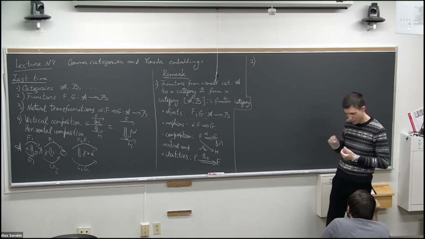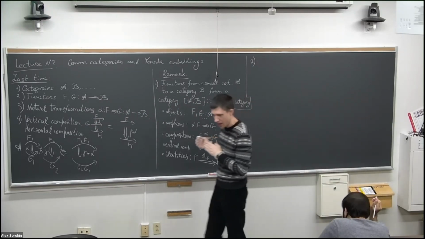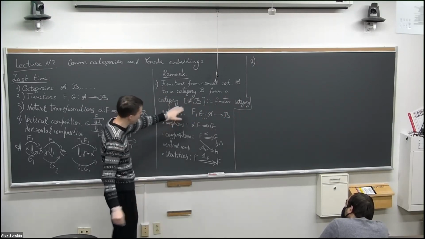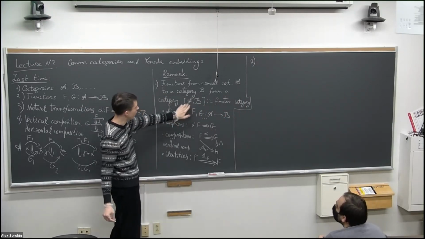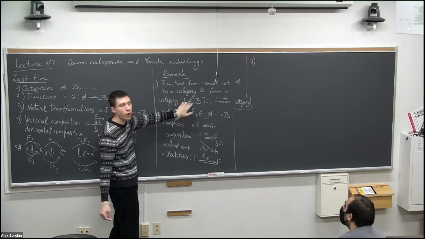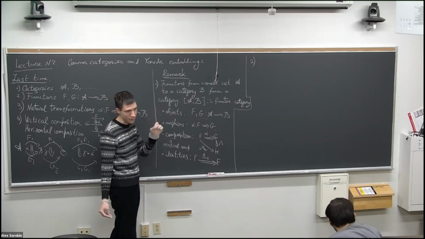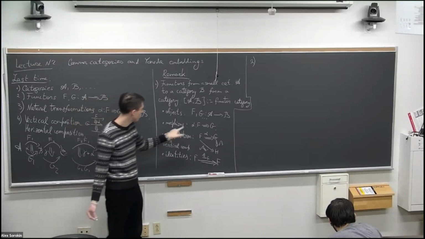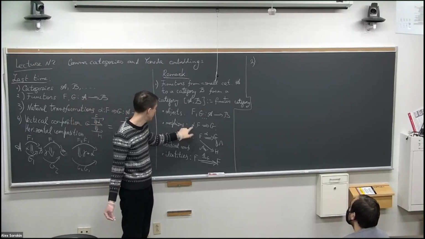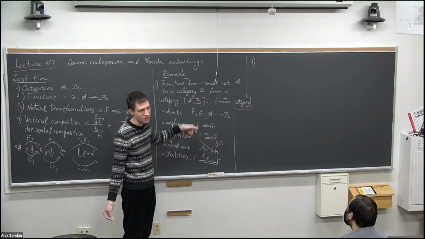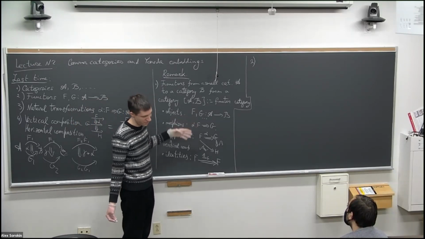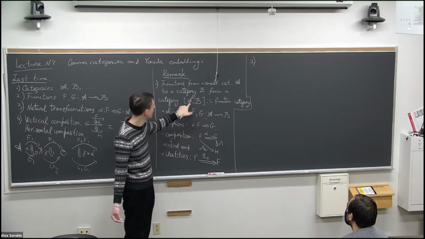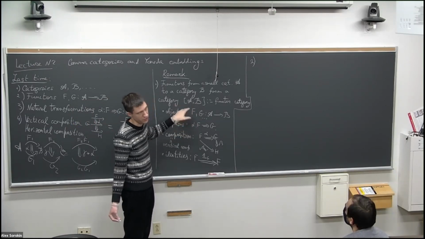So the second part is, yes, about this we will talk right now. So we have the functor category. Functors, we are starting from a small category A. Why? Because when we talk about morphisms, natural transformations, there can happen to be more than a set of morphisms if we are starting from a big category A. I mean big, not small category.